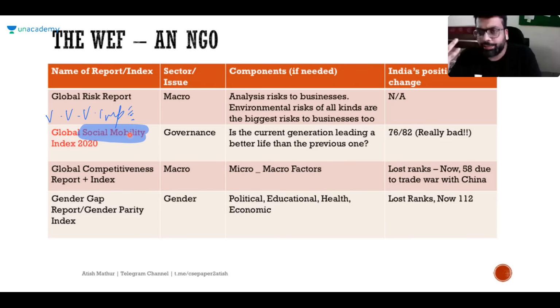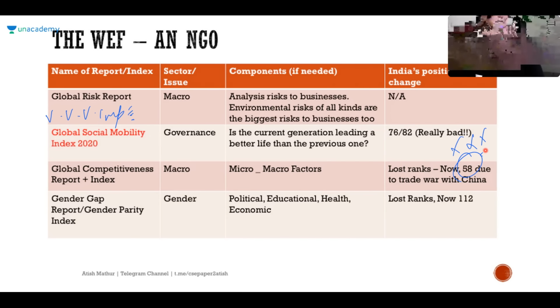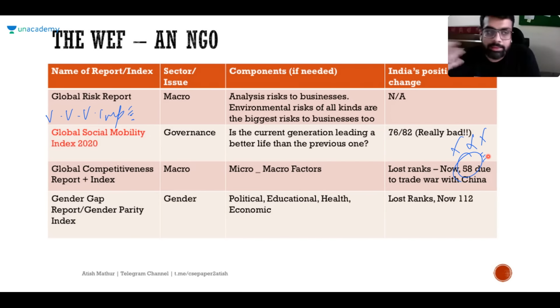It's currently at 58. Again, you don't have to memorize the rank at all. One of the reasons the report gives is the trade war with China. India is losing a lot of markets. India is not really fulfilling its market potential and stuff like that.